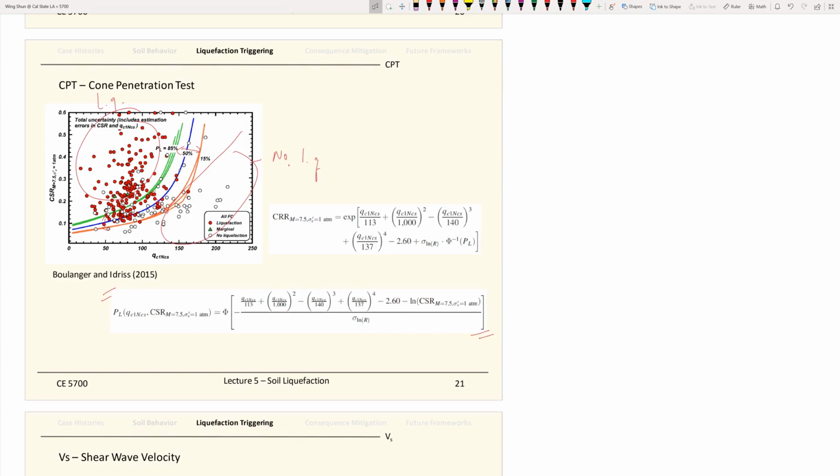If your design scenario based on loading and resistance falls between the red and the blue capacity curve right there, those are the most difficult analyses or decisions that the engineers need to make.